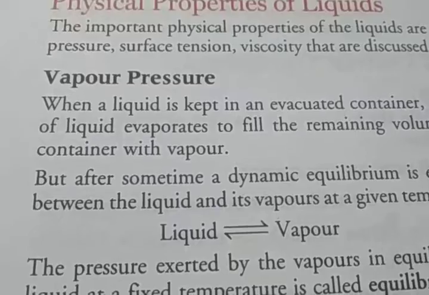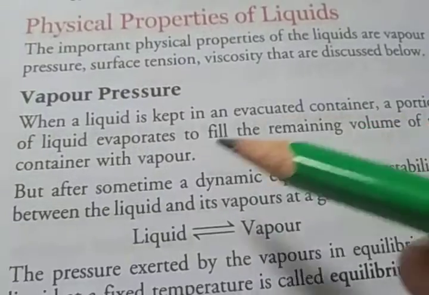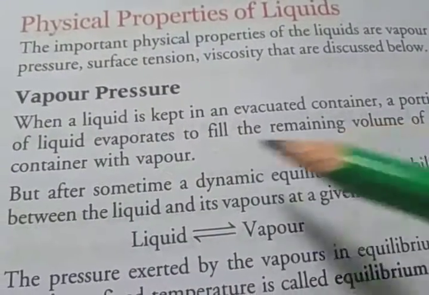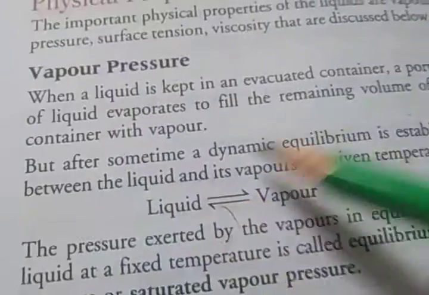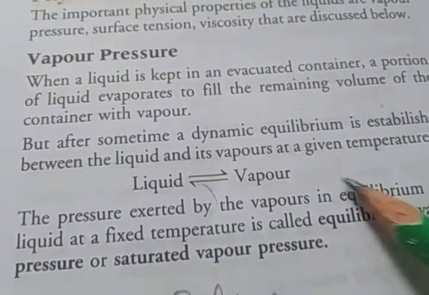Next term is vapor pressure. Whenever a liquid is kept in an evacuated container, a portion of the liquid evaporates to fill the remaining volume of the container with vapor. But after some time dynamic equilibrium is established between the liquid and its vapors.